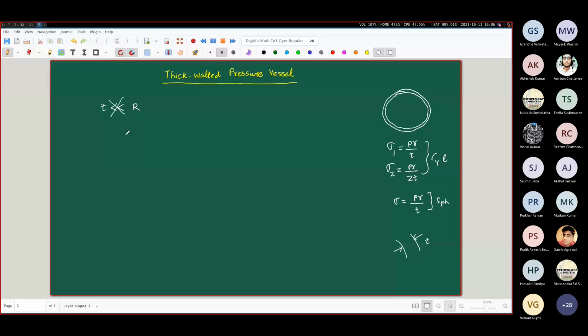T is no longer much smaller than R, which means that over the thickness of the pressure vessel, there is going to be a certain variation in the stresses. We don't know what that variation is. I am just drawing this arbitrarily, okay? So some variation in the stresses like this. Our interest is actually to determine the distribution of the stresses.